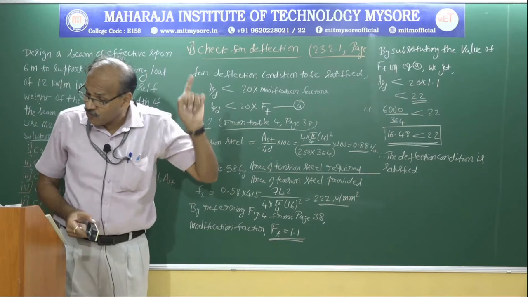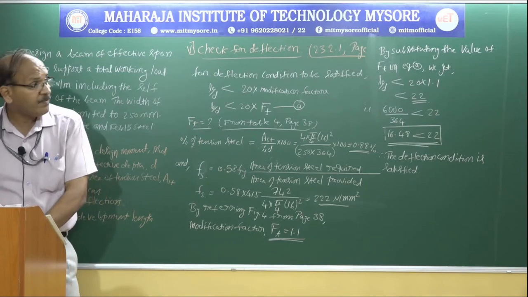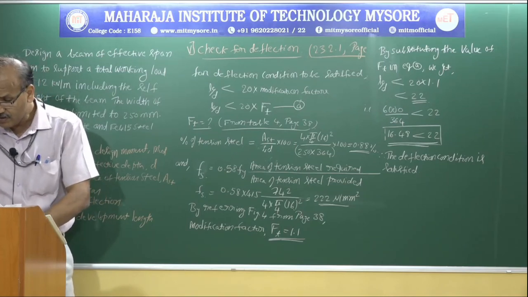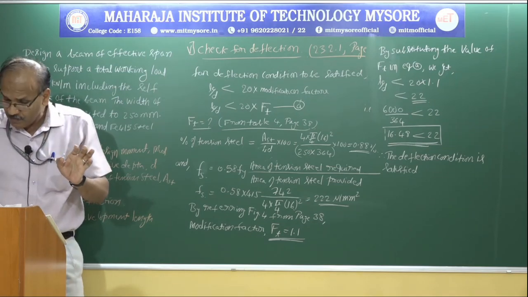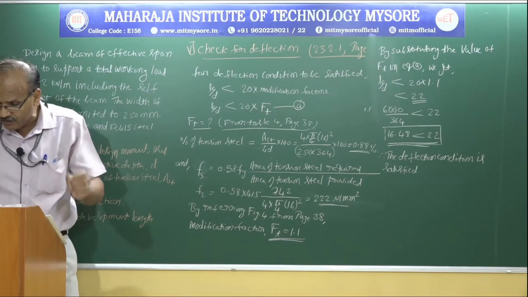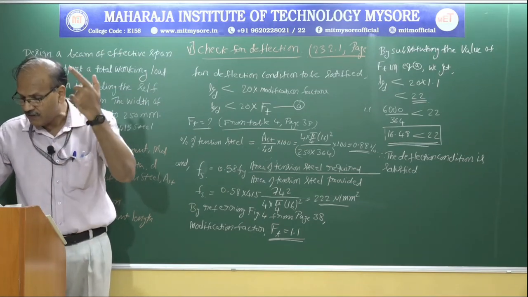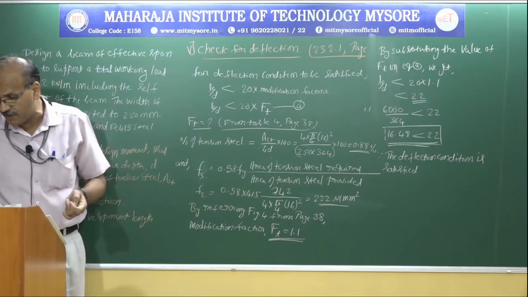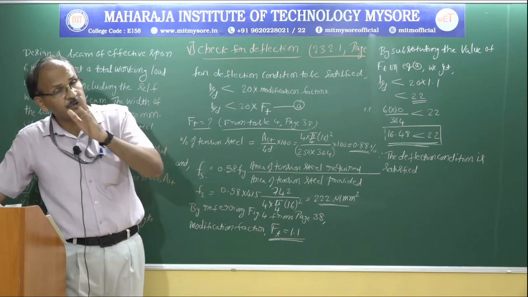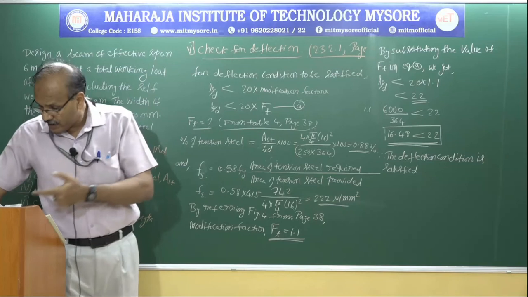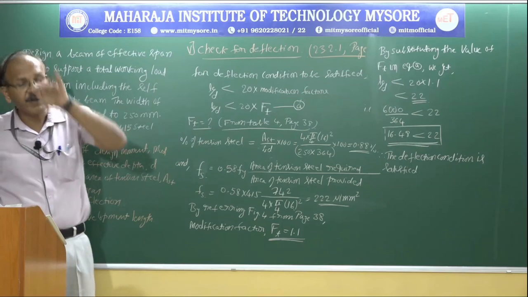This is the condition. Again, I will go back to the code on page 37. Let me read out under 23.2.1, page 37. The vertical deflection limits may generally be assumed to be satisfied, provided that the span to depth ratios are not greater than the value obtained as below. We have three values, one for cantilever, another simply supported, and the other for continuous beam. Ours is a case of simply supported beam. So L by D ratio should be less than 20, but if you go further to point B, point C, point D, it covers different cases.